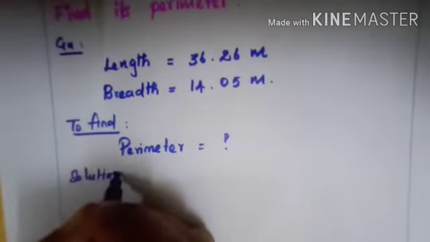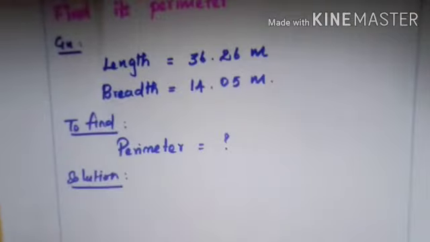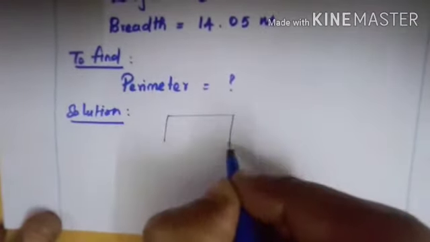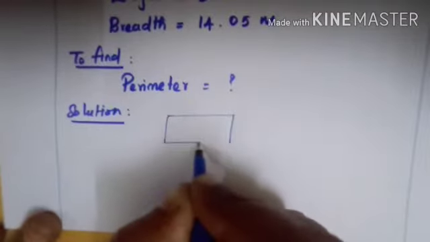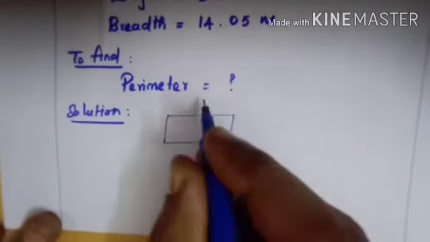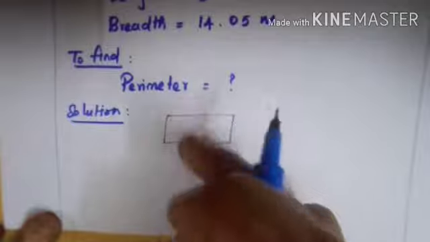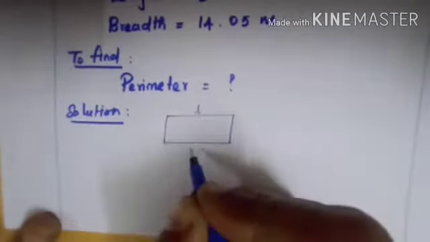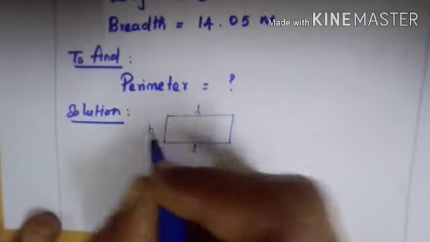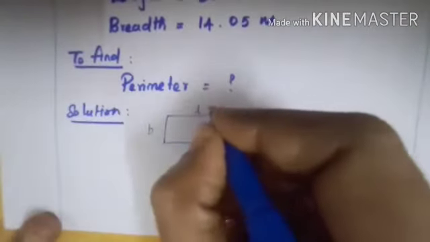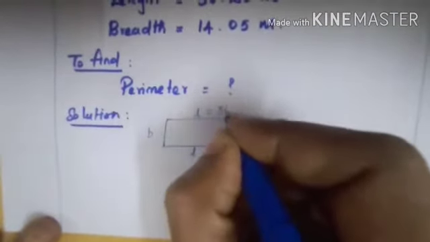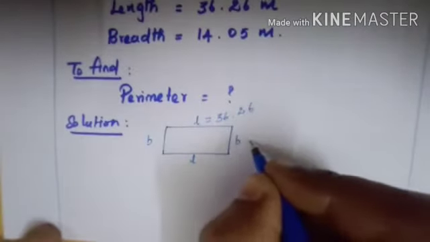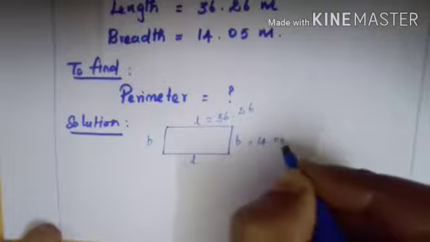Solution. A rectangle has 4 sides and also the opposite sides are equal. It has 2 lengths and 2 breadths. L is equal to 36.26 and breadth is equal to 14.05.